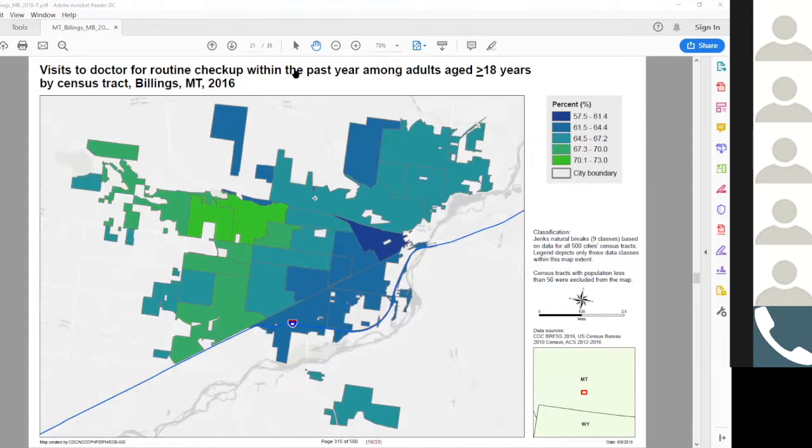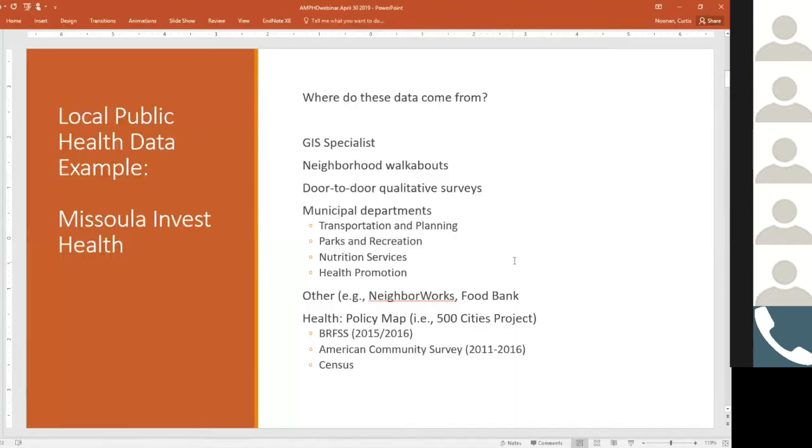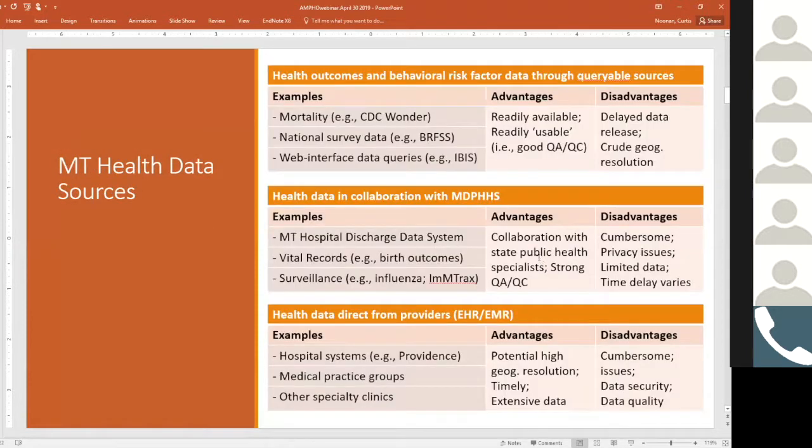But as we know, that's not the world that most of our counties and communities are in, because they won't have data that's that spatially resolved through these mechanisms. Although, of course, a lot of these same data sources are available at the county level.